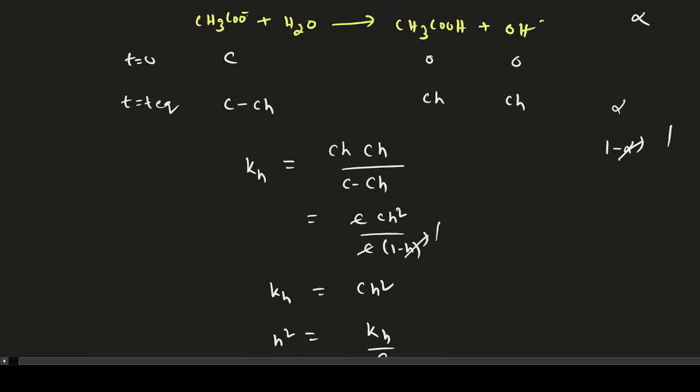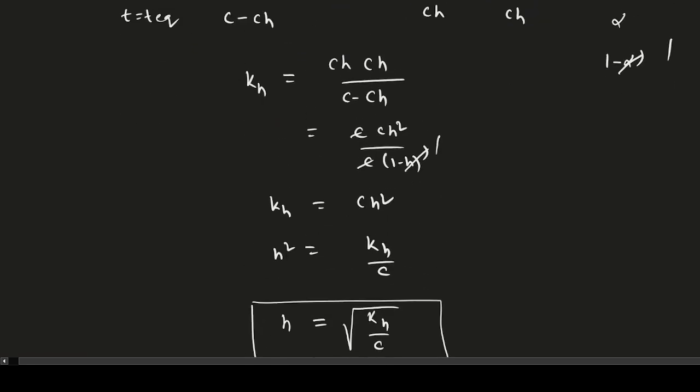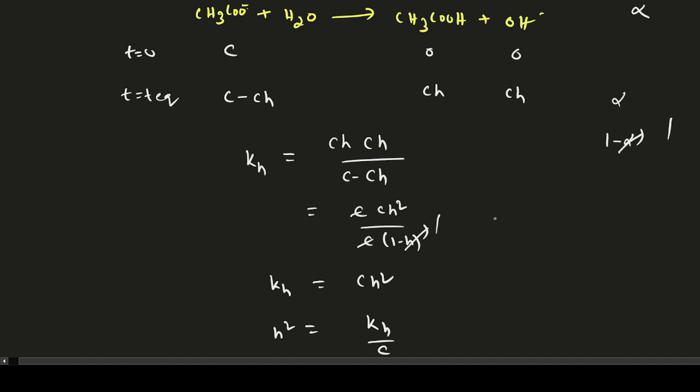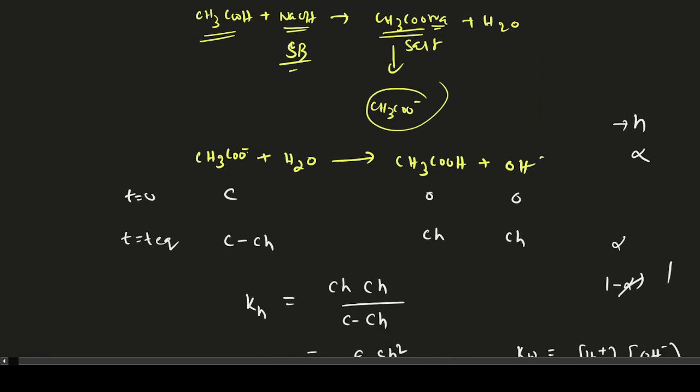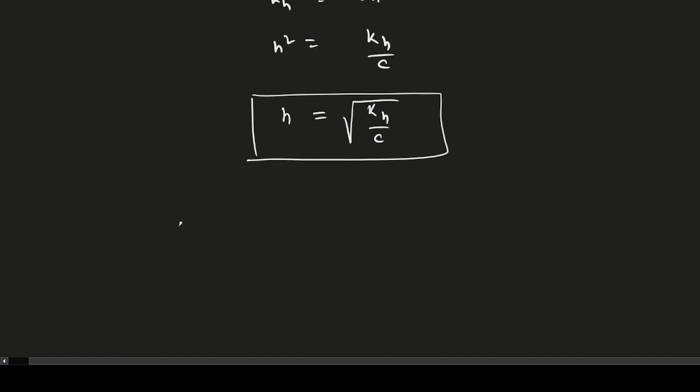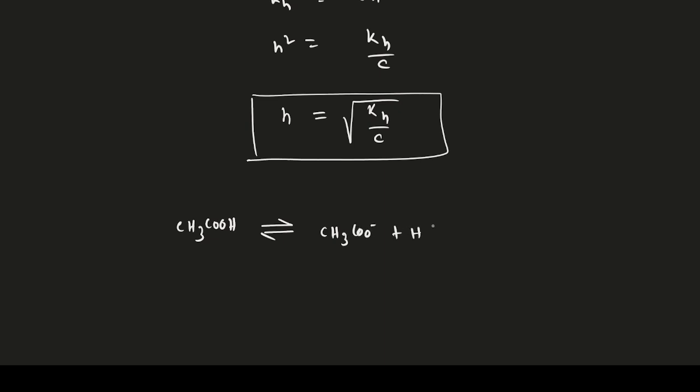Now we will calculate the H plus concentration. What we know is that Kw equal to H plus concentration times OH minus concentration, we already discussed. Here, for hydrolysis, we also have the acid. If we write CH3COOH, when it dissociates it gives CH3COO minus plus H plus.